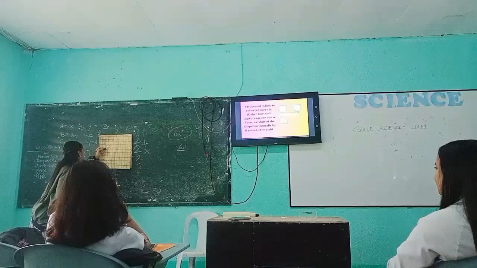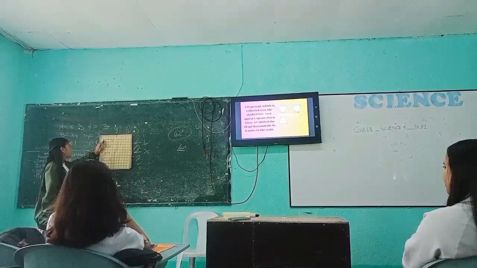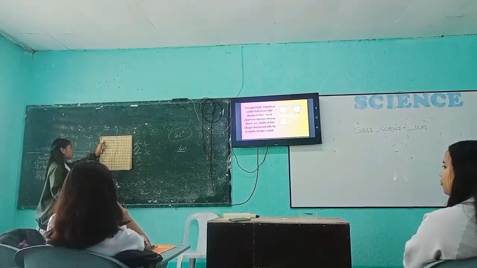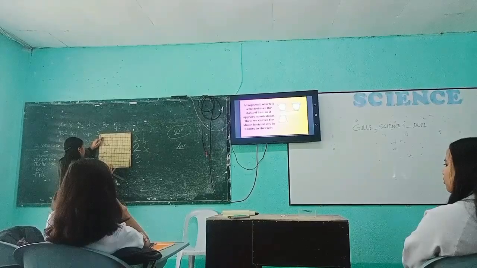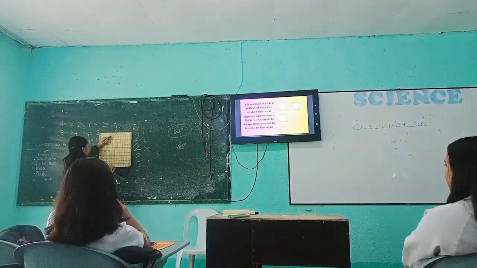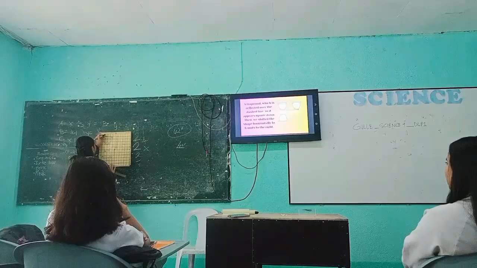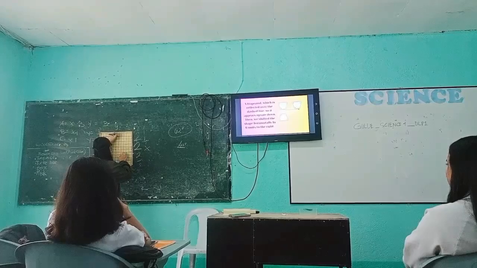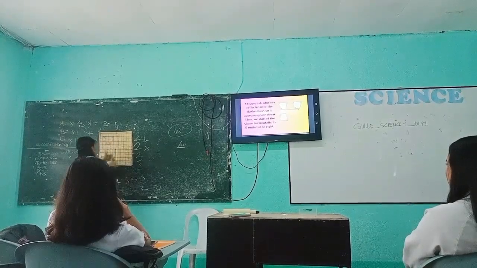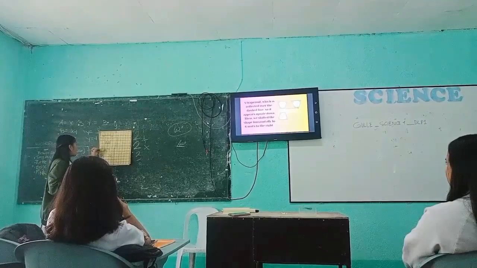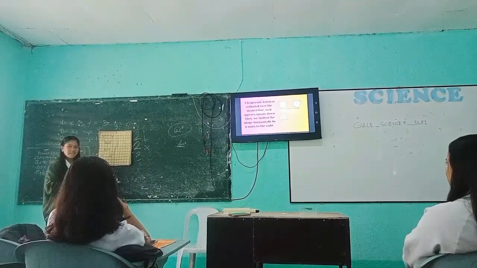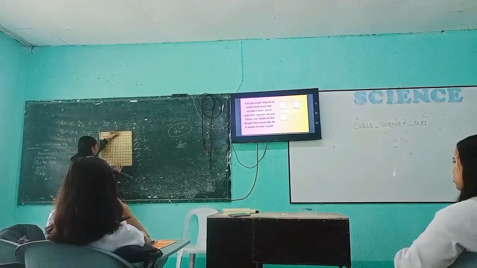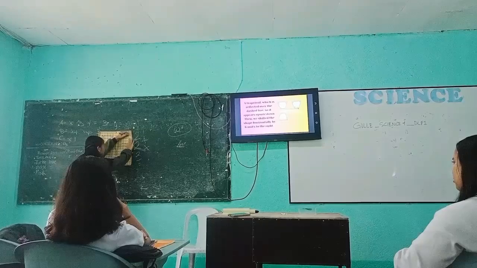First we have the letter A. So, let us translate it 6 units to the right. So, let's start here. 1, 2, 3, 4, 1, 2, 3, 4, 5, and 6. Next, the letter D. 6 units to the right. 1, 2, 3, 4, 5, 6.